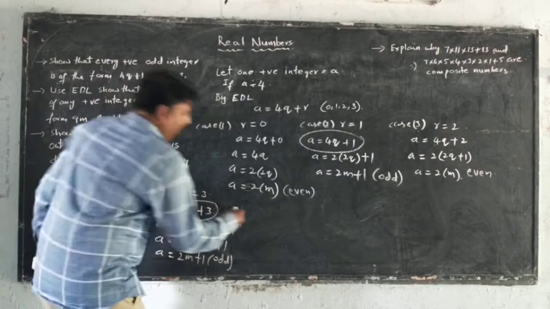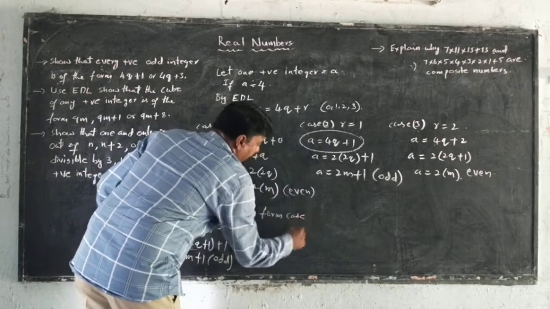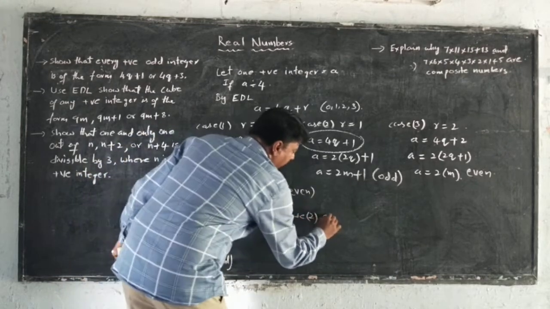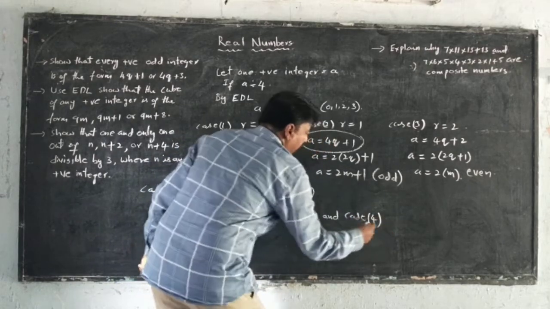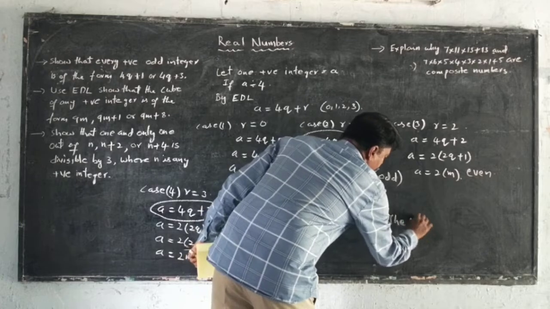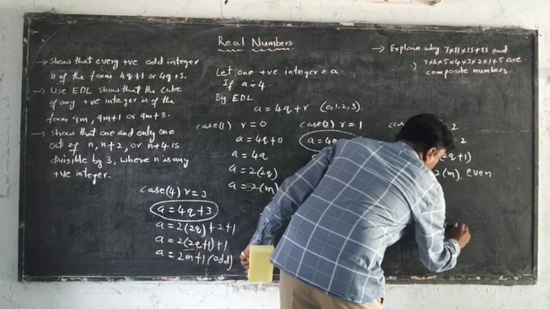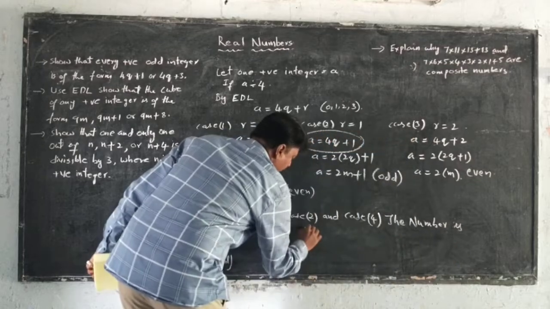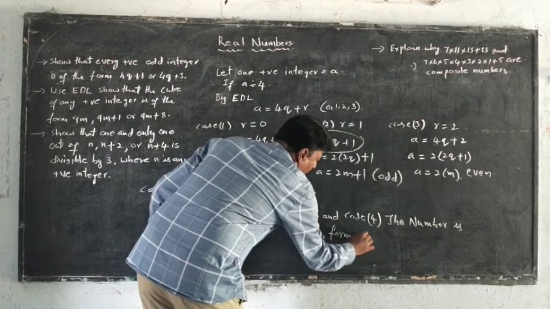So from case 2 and case 4, the number is in the form of what?